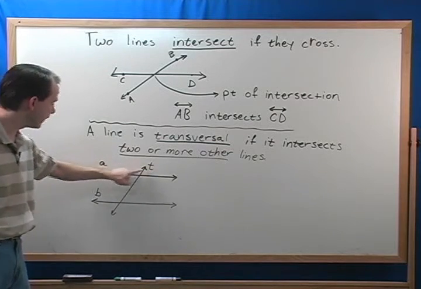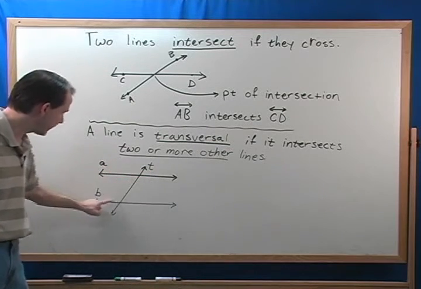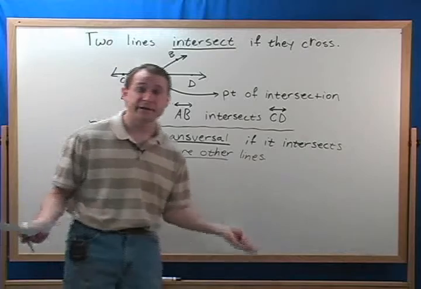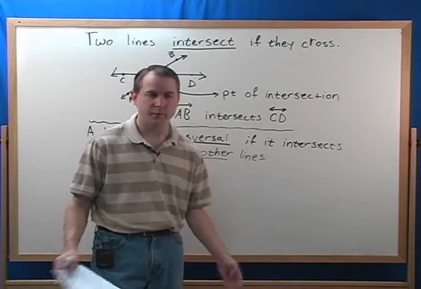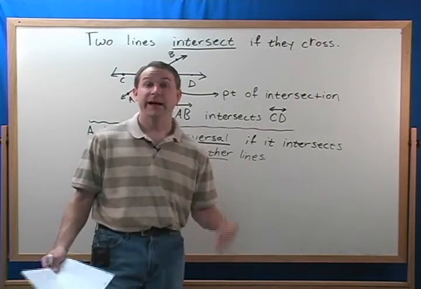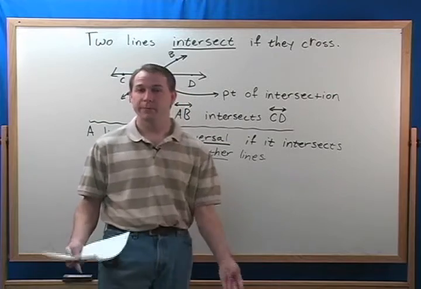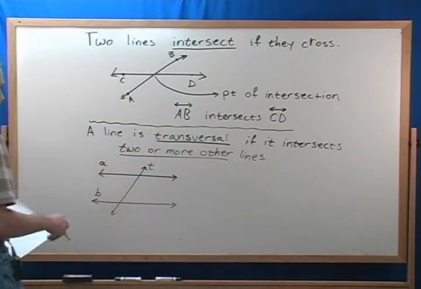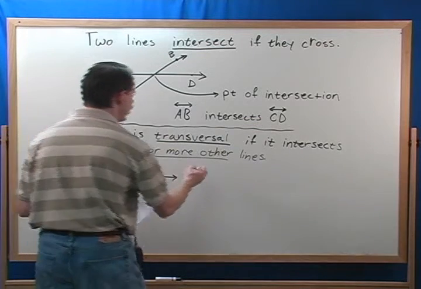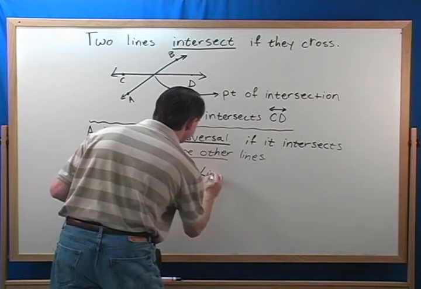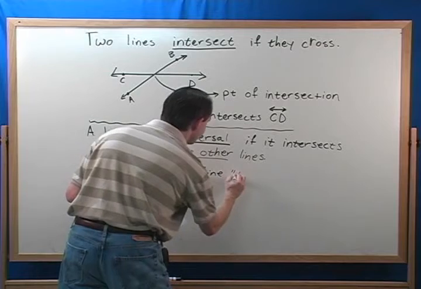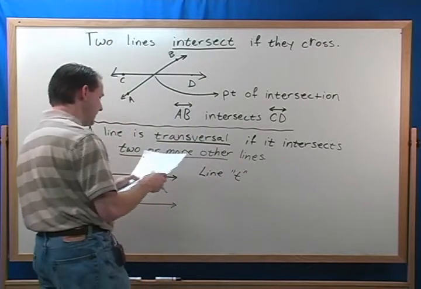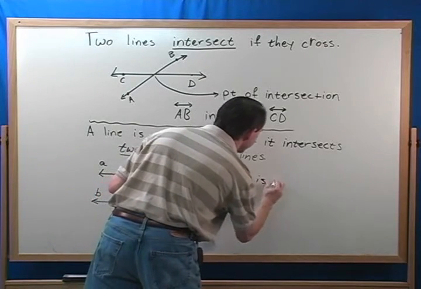See here, T intersects A and T intersects B, and it's a simple definition. You don't need to know why that's the case or what does it matter. That is the way it is. As long as you just remember that, you can apply it in your problems and you'll be good to go. So the way you would write this down is you would say, in quotation marks, line T is transversal.